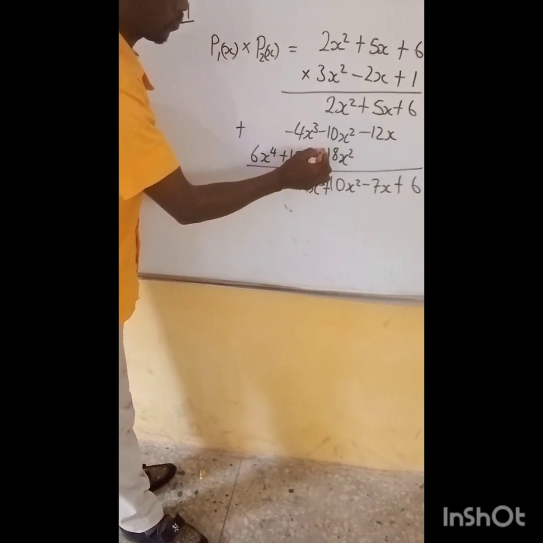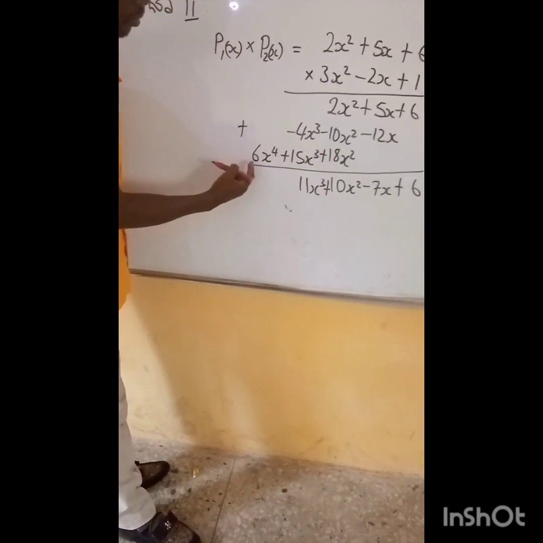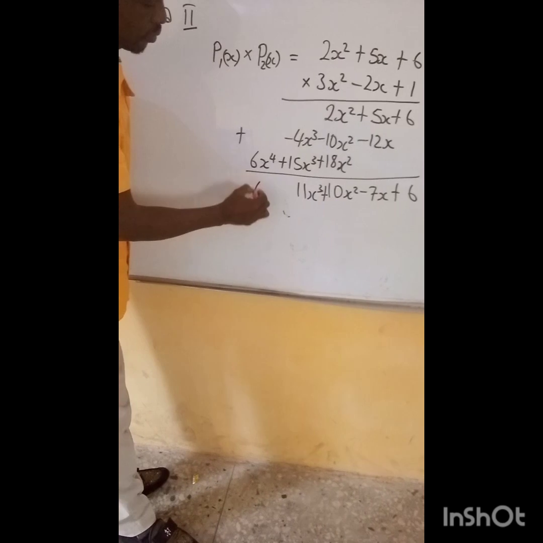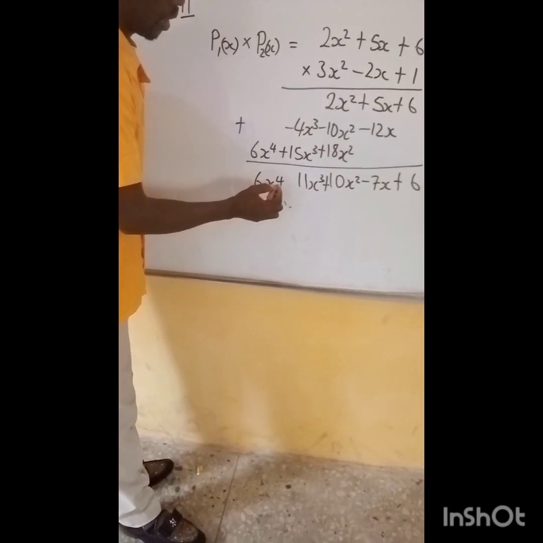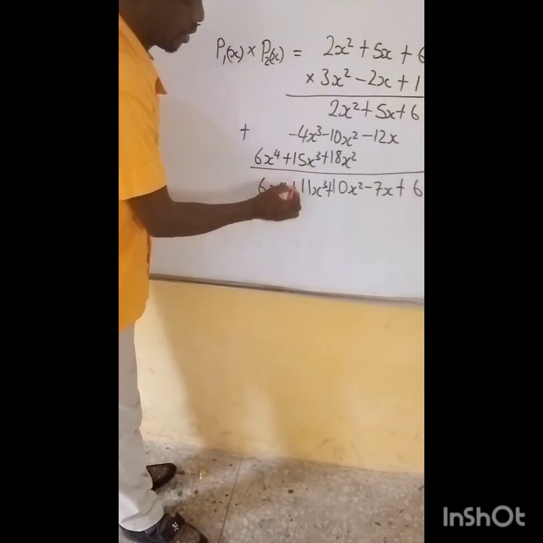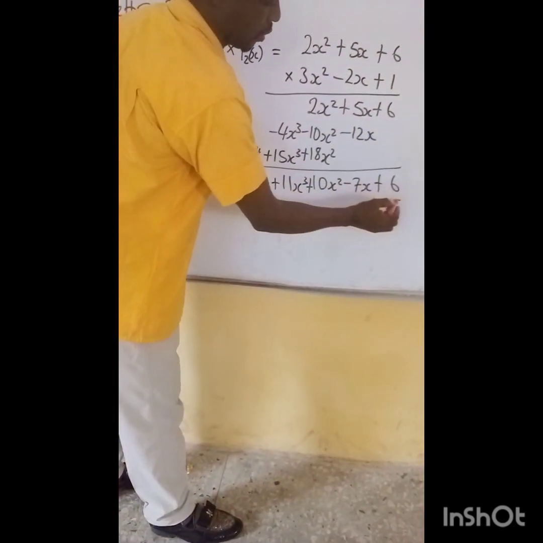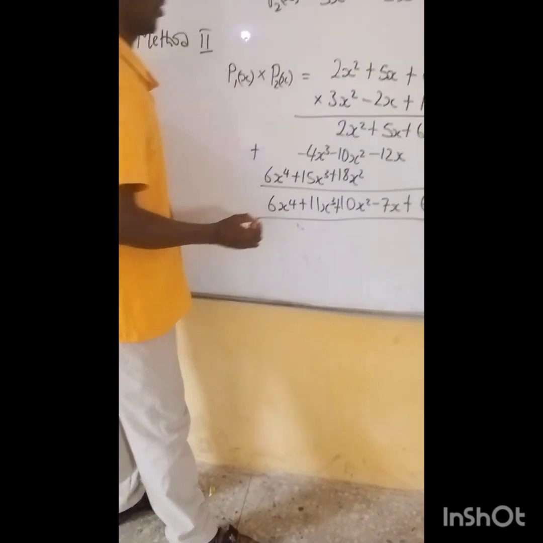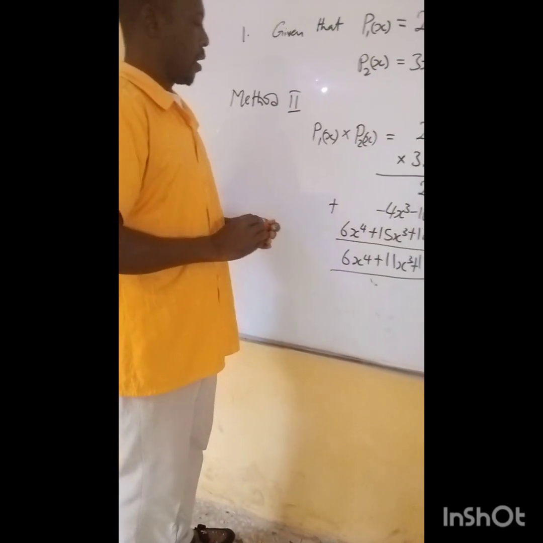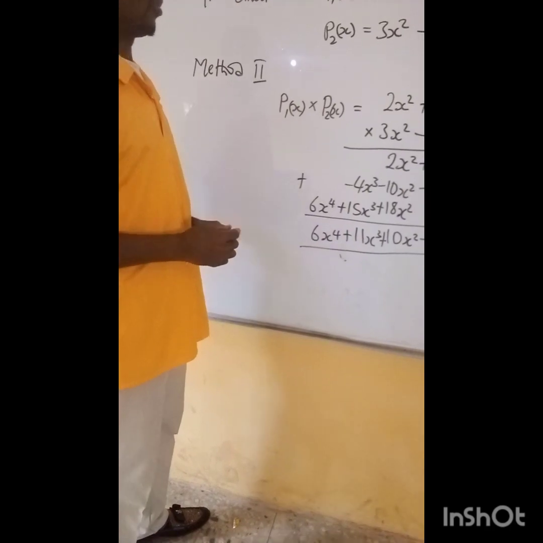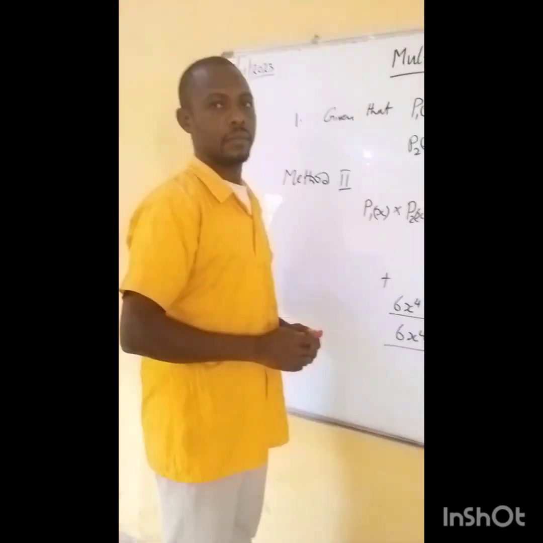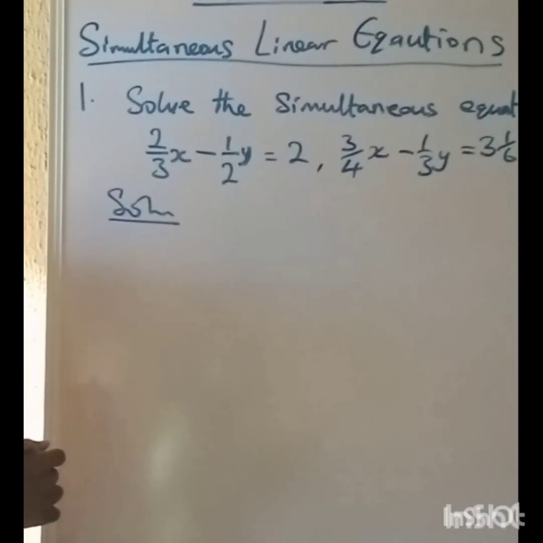Then we bring down 6x to the power 4 as our final answer. So this becomes the result of P1(x) times P2(x).